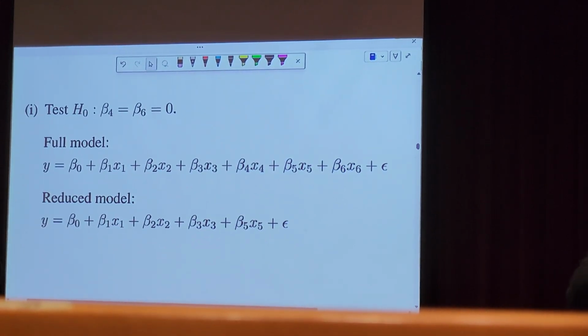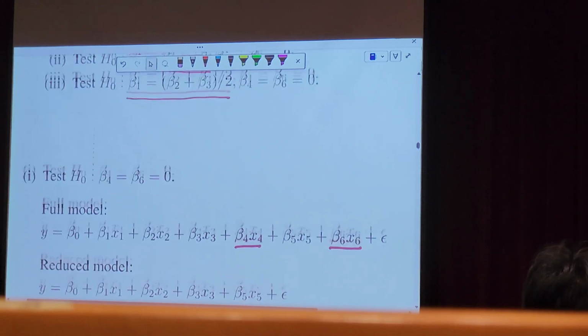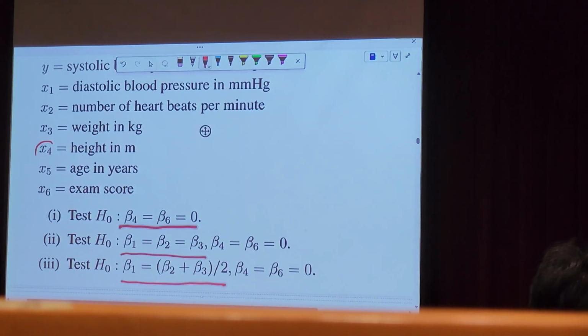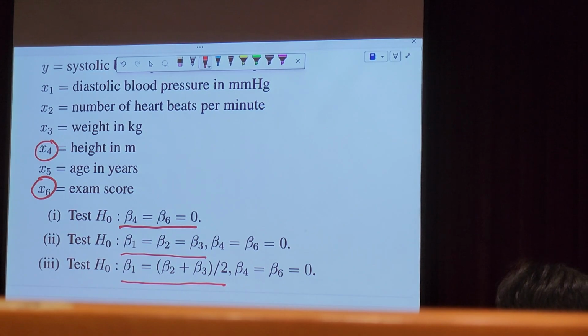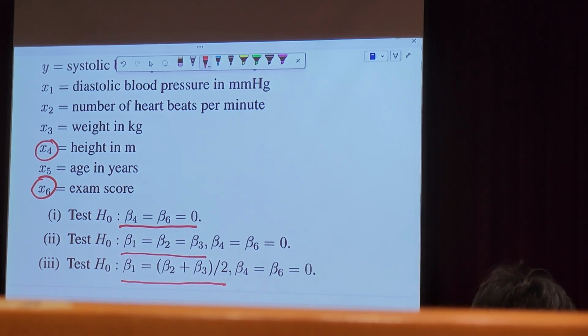So here, I want to test whether I should include beta 4 and beta 6 or not in my model. What is 4 and 6? Maybe height is not so important, right? Weight, I think, is a very important factor to systolic blood pressure, because when the heart pumps the blood to the other parts of the body, if your body is huge, it exerts a lot of pressure on your heart.